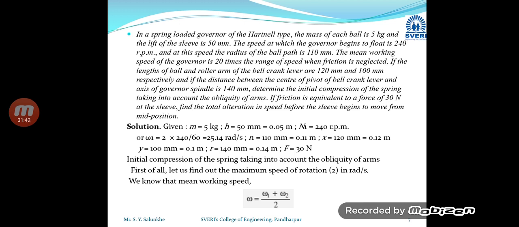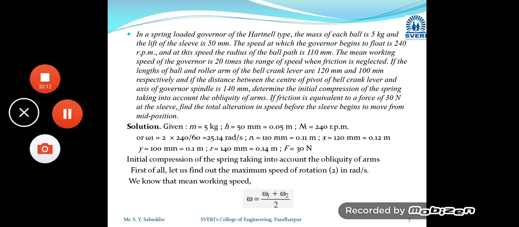Radius of rotation at minimum speed is given as 110 millimeter, that is 0.11 meter. X, that is arm length, is given as 120 millimeter, that is 0.12 meter. Y, lower arm length of bell crank lever, is given as 100 millimeter and it will be 0.1 meter. And next, to solve this problem, the frictional force is given as 30.